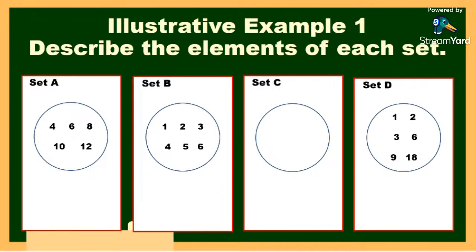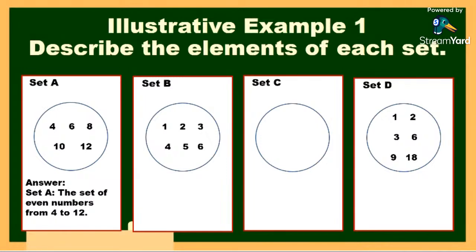So lahat yung numbers na elements ni set A ay even numbers na nagsimula kay 4 and it ends to 12. Okay. So, paano natin siya bibigyan ng definition? So the answer is set A is the set of even numbers from 4 to 12.